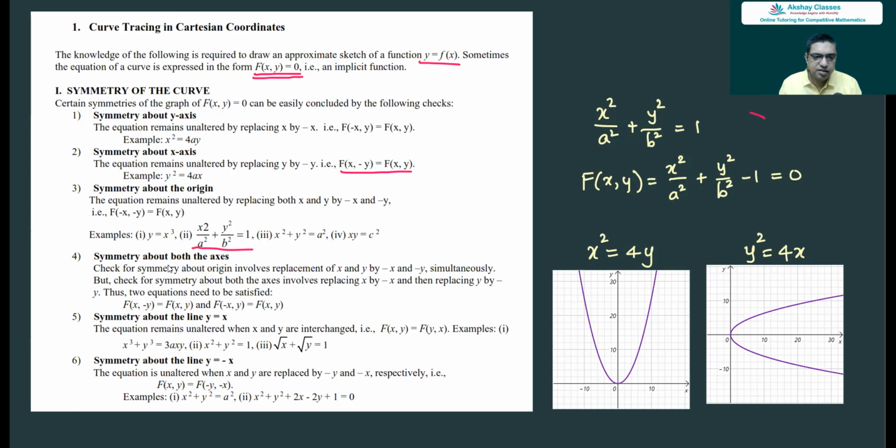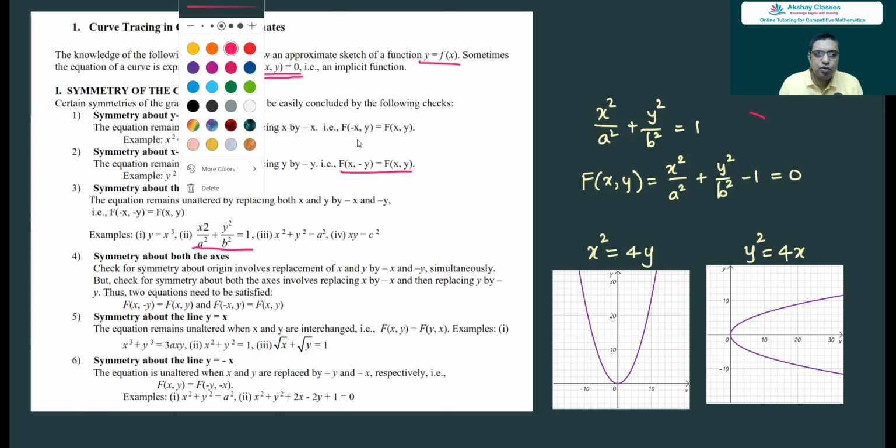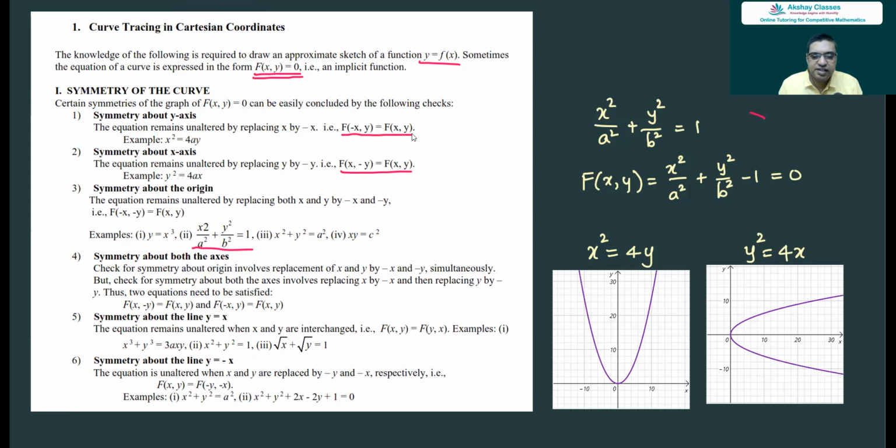Symmetry about both the axes means both these conditions hold true. Replacing x by minus x, the equation doesn't change. Replacing y by minus y, the equation doesn't change. So it is symmetric about the y-axis and symmetric about the x-axis respectively.